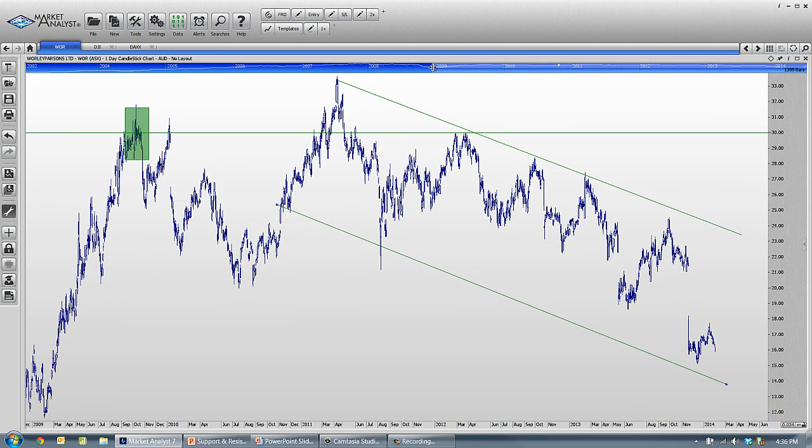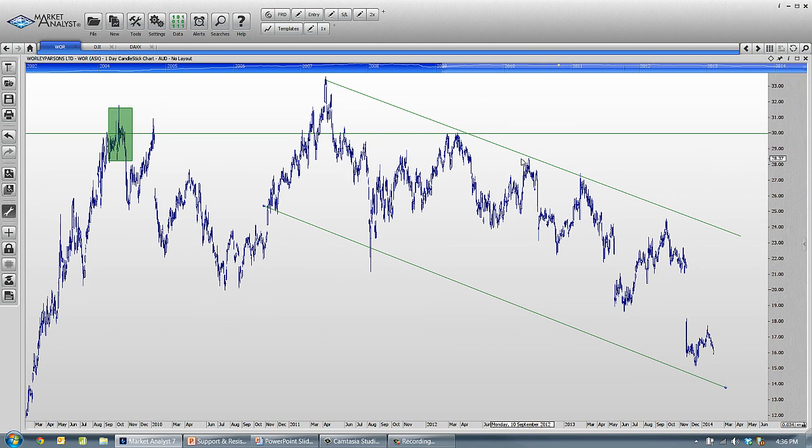So that's a really, really graphic example of how to trade around those levels. Now look at this trading channel here in downtrend. So if you're looking at short selling this stock, for instance, at around this $30 level and then the subsequent lower levels of the channel, then you can put your stop loss exit just on the other side, and that means that you're risking very little to potentially make quite a lot, quite a number of times your risk.